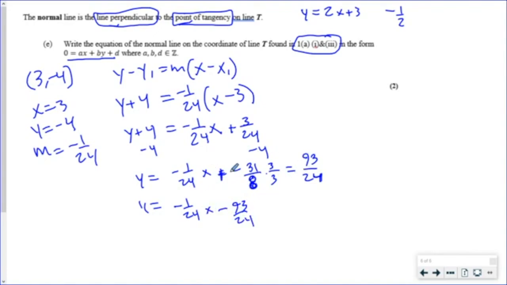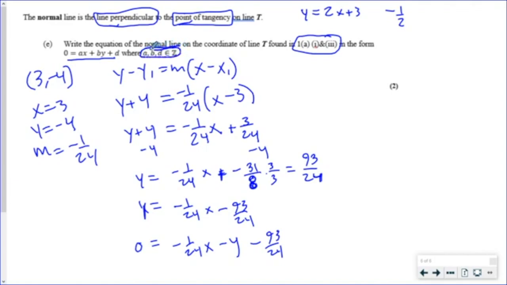You didn't have to do this. I mean, you could simplify this any way you want, but I'm trying to do it like this for a simpler explanation. So the last part is I got to move the y to the other side. So 0 equals negative 1 over 24 x minus y minus 93 over 24. Now, you see this, the 24s got to get rid of them because I want only integers. Z means integer.